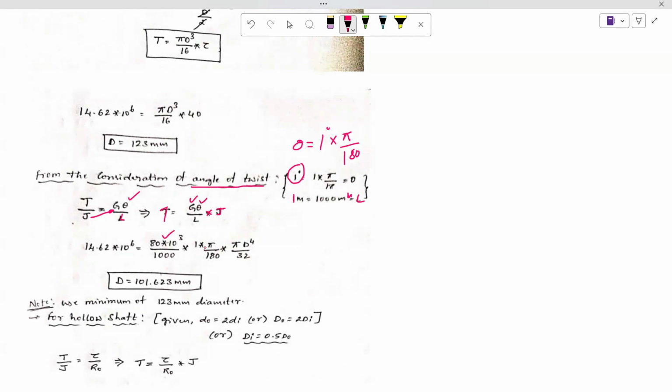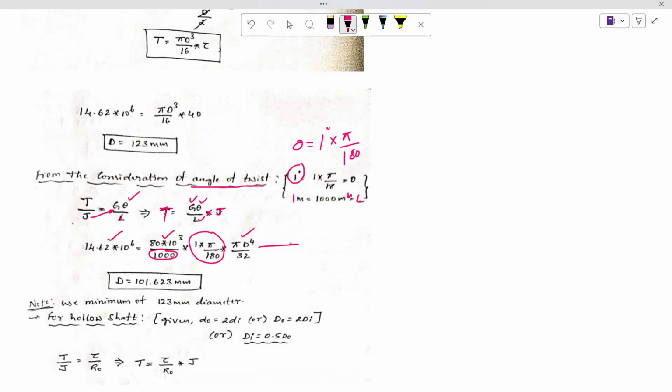Theta is 1 into pi by 180, and L is 1 meter, that is 1000 mm. J is pi d to the power of 4 divided by 32. On the left hand side, you have T. The T value you need to take is the maximum torque, 14.62 into 10 to the power of 6.